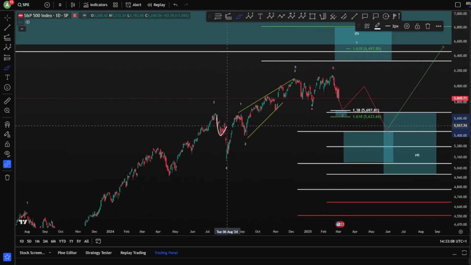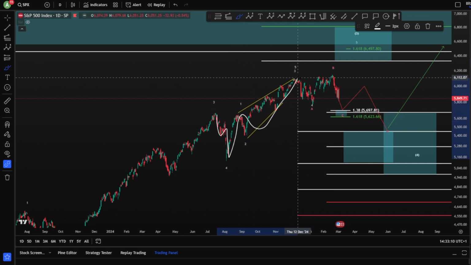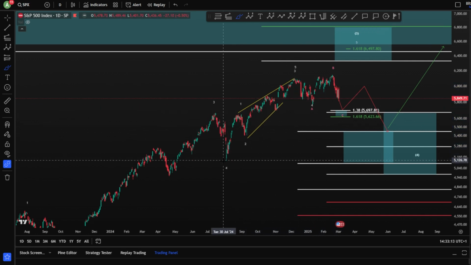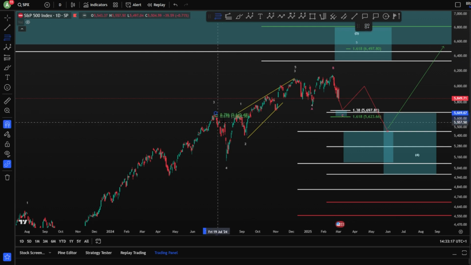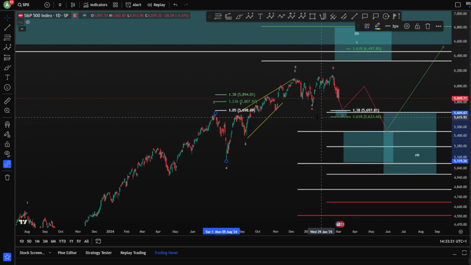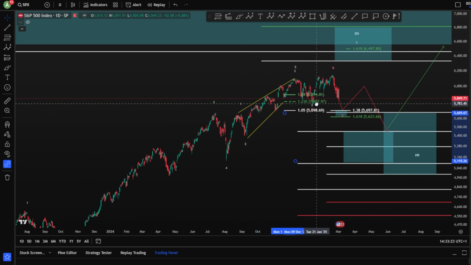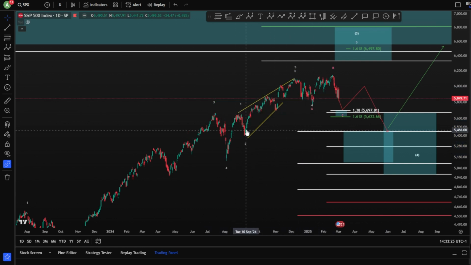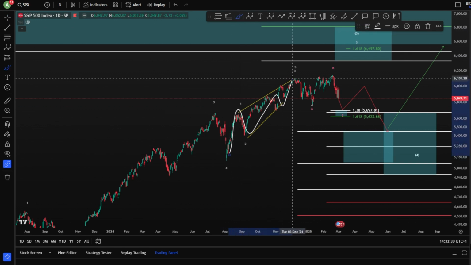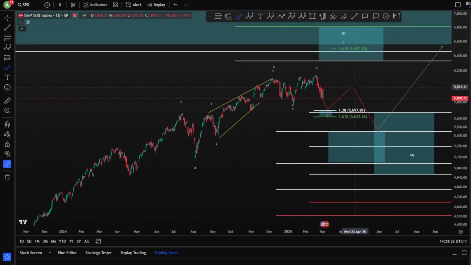So it is possible that we are in A, B, and a C, two of them, but also not really, because if you take this, guys, as an expanding flat wave V, you will see that we have overshot so far from a wave V. Therefore, the higher potential goes a little bit for the ending diagonal here, I would say, in a wave 5.